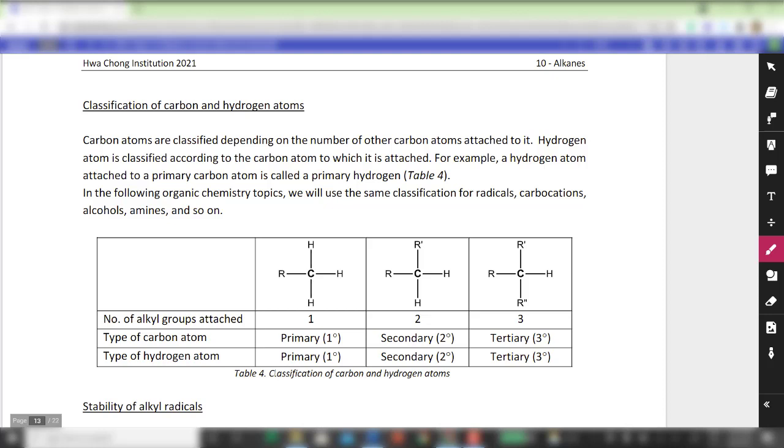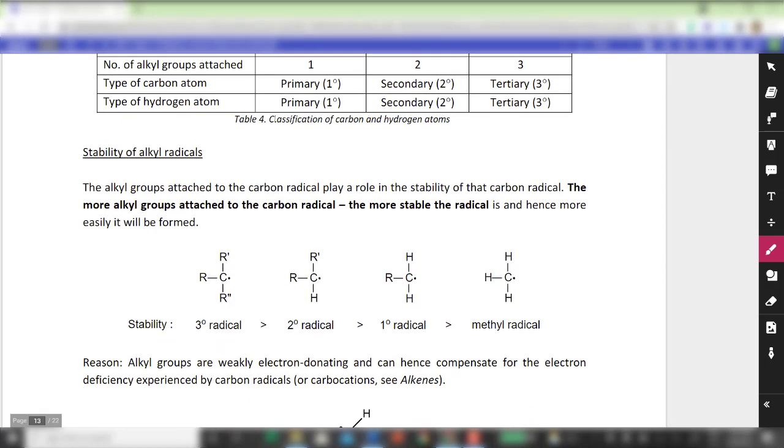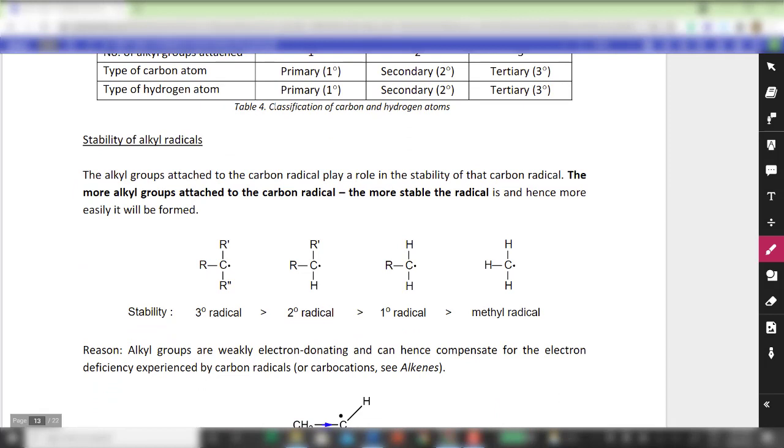When you look at a table, it's quite self-explanatory. If I have 1 R group, we call that a primary carbon. 2 R groups, secondary; 3 R groups, tertiary. Subsequently we call the H primary, secondary, and tertiary. And the stability of the radical is actually affected by this.